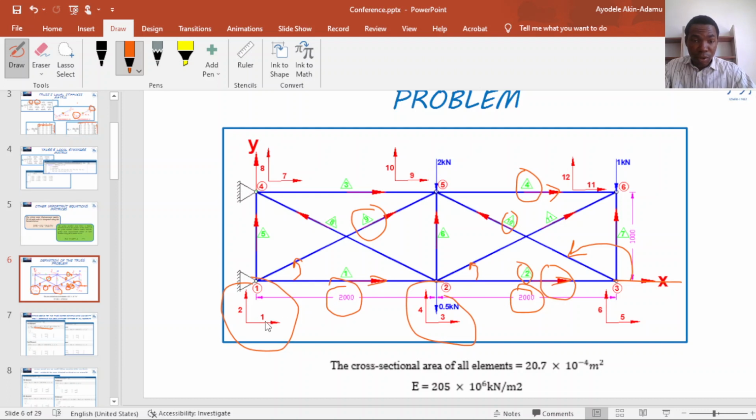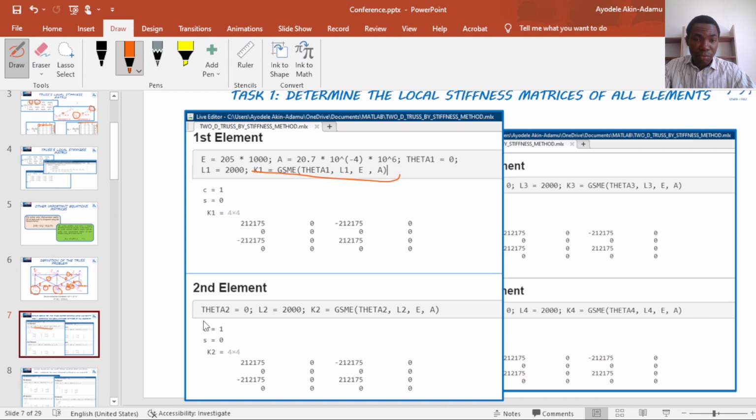So because the arrow is pointing from 1 to 2, the numbering of the local stiffness matrix will be 1, 2, 3, 4. This is what I mean. So this will be row 1, this will be 2, this will be 3, this will be 4. Similarly for the columns, this will be 1, this will be 2, this will be 3, and this will be 4.